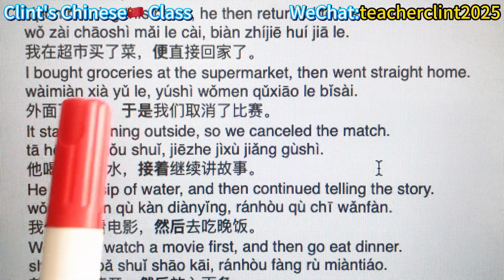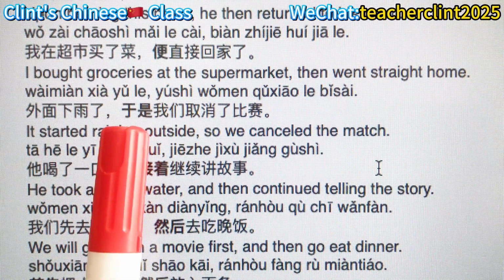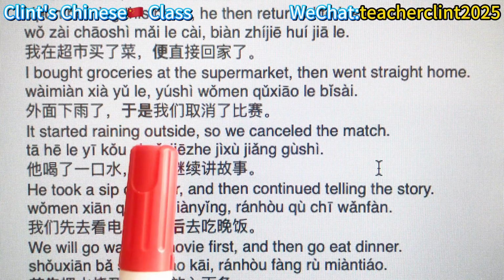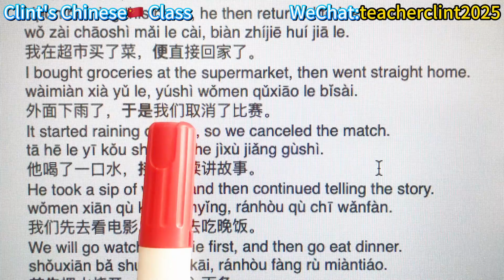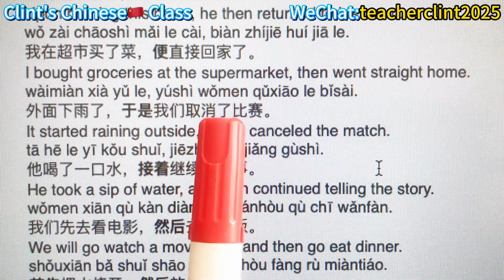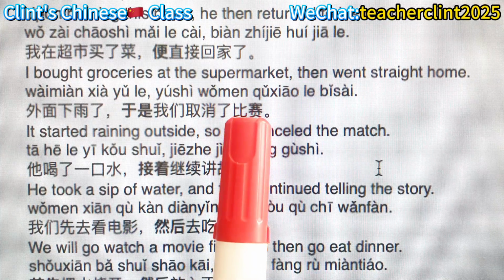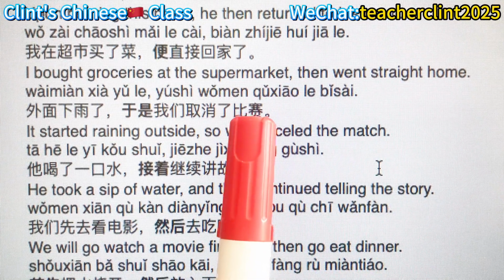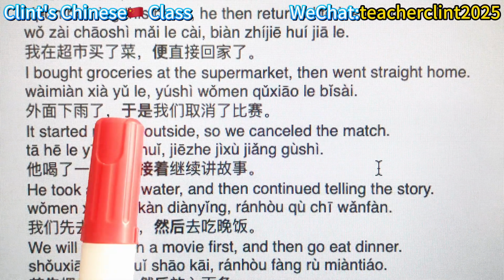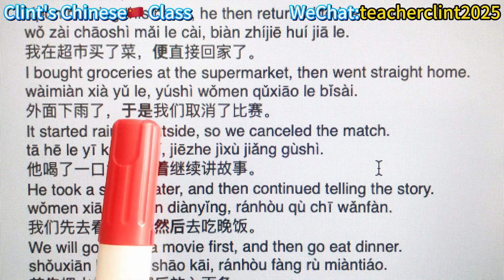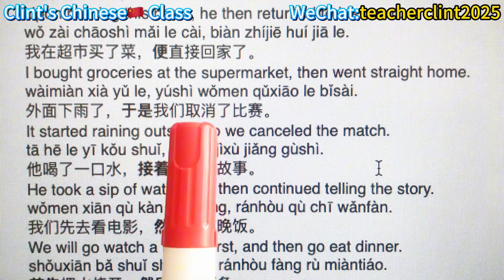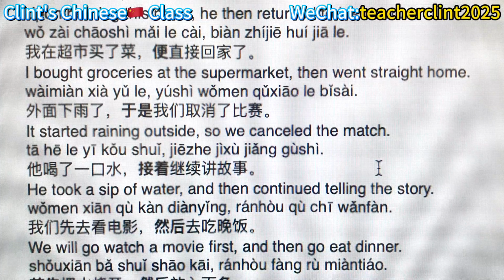This is the clause. 于是 thereupon or therefore 我们 subject 取消了 cancelled 比赛 the object the competition or the match or contest. So we use the conjunction therefore 于是 to connect the two equally important sentences.